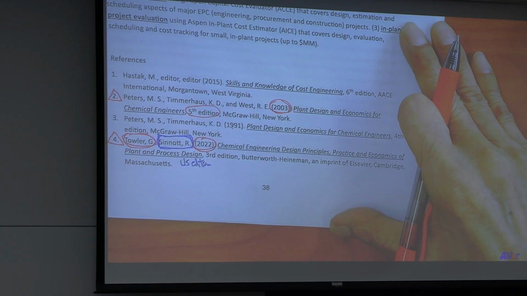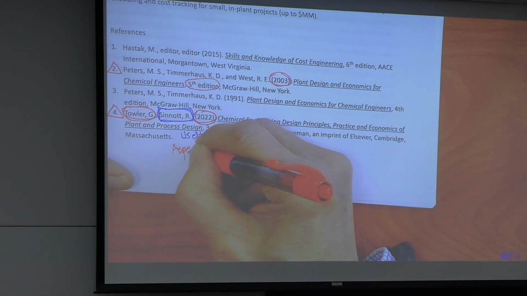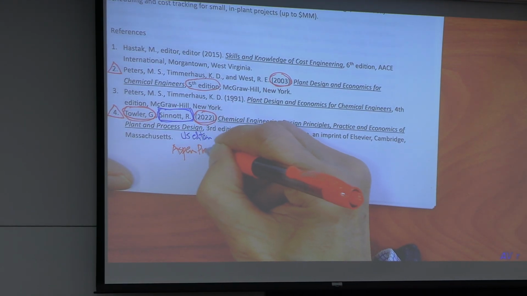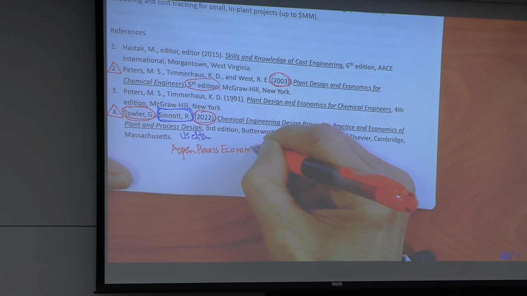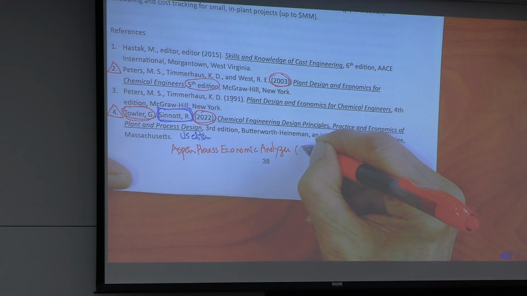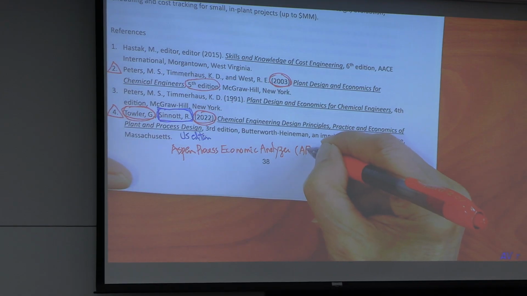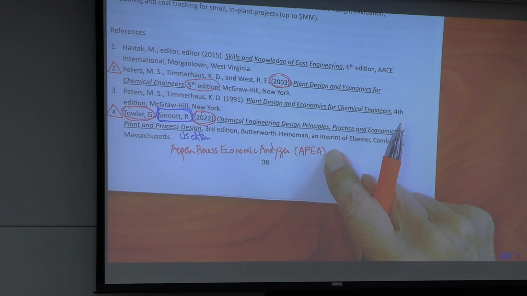Now, if you sell a textbook to university students, you don't have cost correlation. What do? Well, he said he emphasized Aspen process APEA. Last semester, some student hit in Aspen do cost estimation.